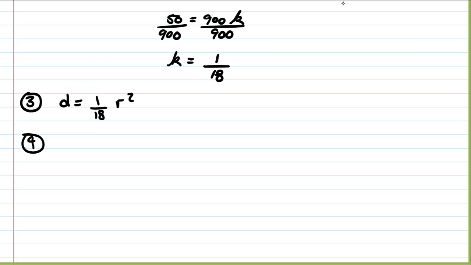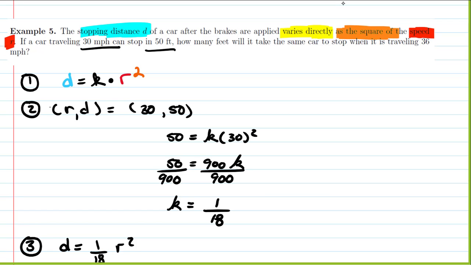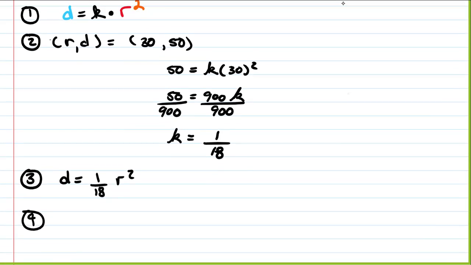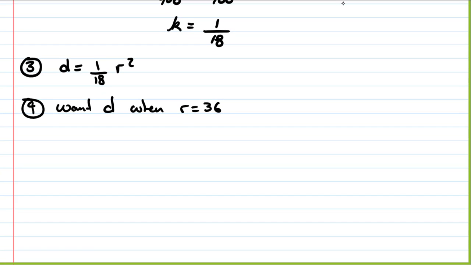Step 4 is we want to answer the question. How many feet will it take the same car to stop when it is traveling 36 miles per hour? So we want d when r is equal to 36.